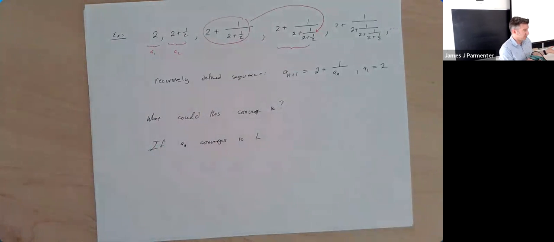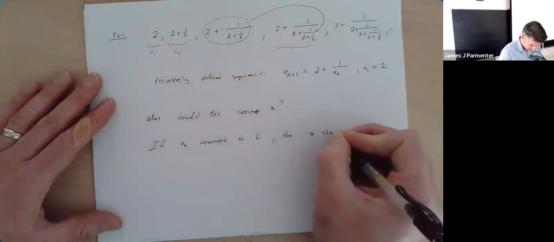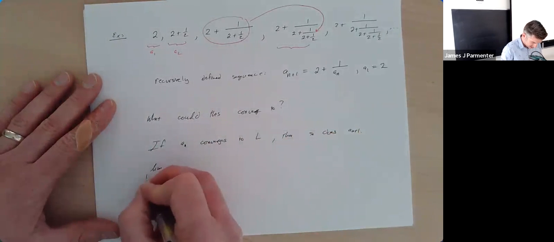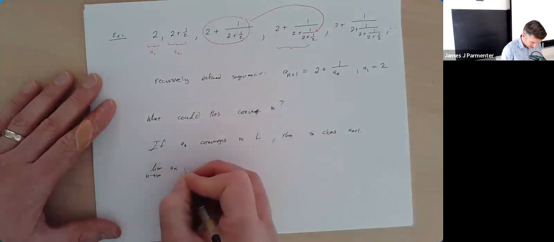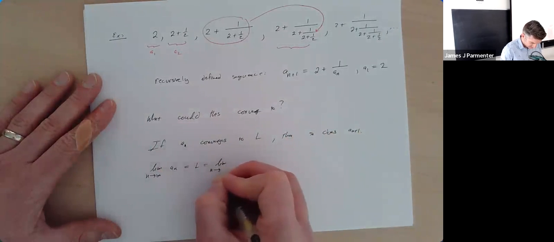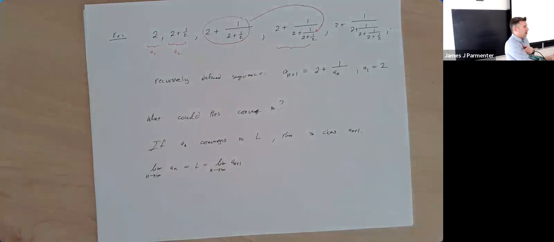We're just saying take the limit, meaning the limit as n goes to infinity of a sub n is equal to L is equal to the limit as n goes to infinity of a sub n plus 1. It doesn't matter if you go one more term out, they're still going towards the same limit if that limit exists, which is always kind of the caveat that we're working under. If the limit exists, things work the way we want them to.